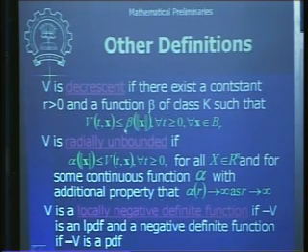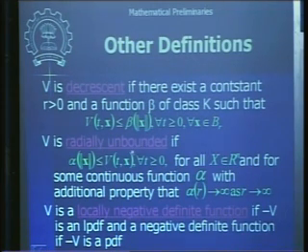You remember the previous condition for the alpha function, v was greater than or equal to alpha, and now v is less than or equal to this beta function of class k. And again, this is either a local condition or a global condition. If you restrict x to this ball of radius r, then it will become a local condition, and if you do not restrain x, then it is globally decrescent.